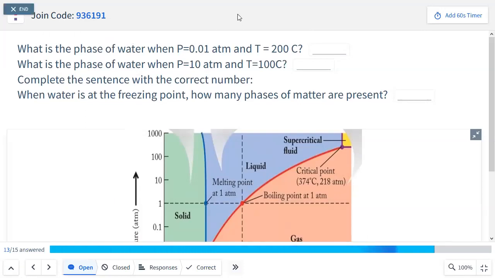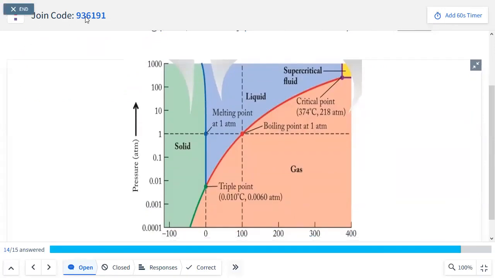All right, let's look and see how we did. So for the first question, what is the phase of water at pressure equals 0.01 and temperature equals 200? So if I draw those, 0.01 and 200, we are talking about something that is gas phase.